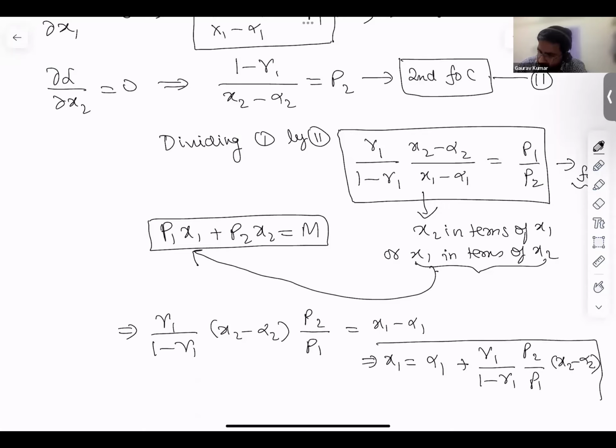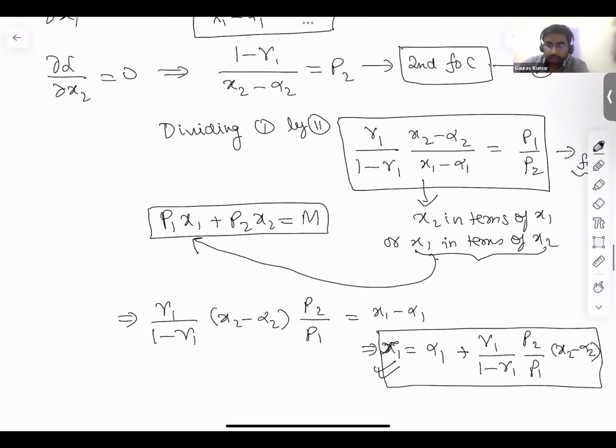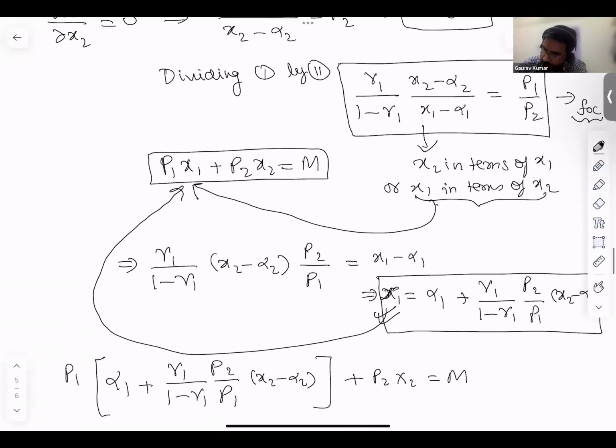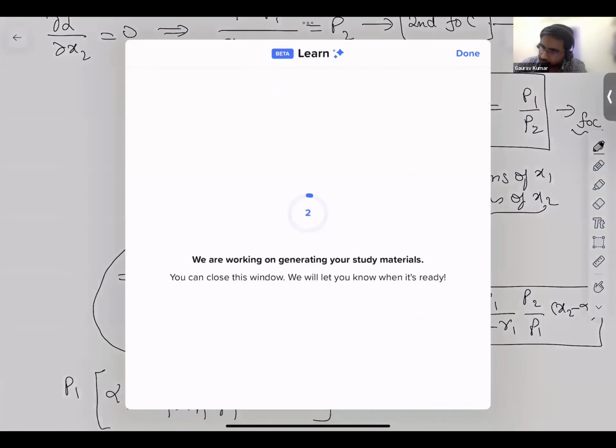This is what I got, x1 as a function of x2. Now I'm substituting this x1 here. So p1 into alpha 1 plus gamma 1 by 1 minus gamma 1, p2 by p1, x2 minus alpha 2, plus p2 x2 is equal to m.